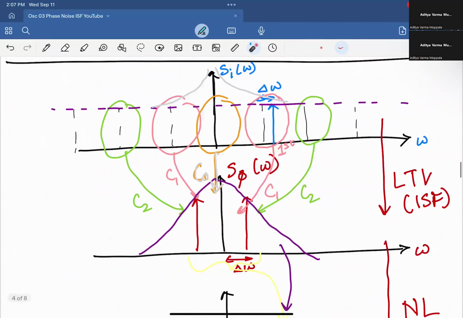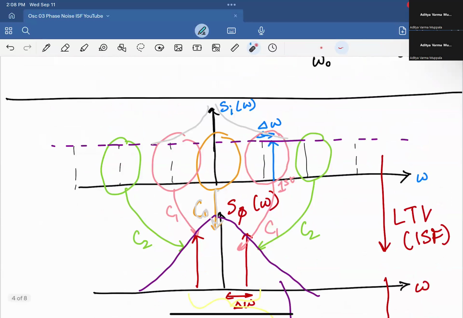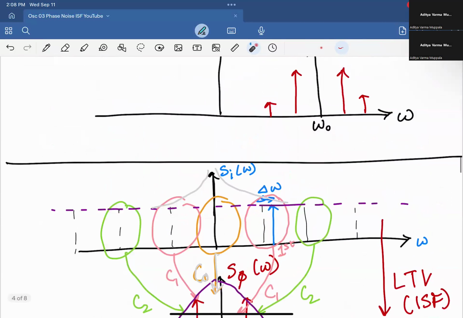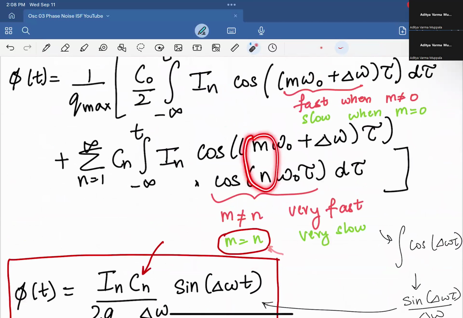And essentially from that single frequency model, we can expand to consider, let's say, thermal noise, which has all the frequencies. So all of these regions around the harmonics get modulated down by different coefficients in the ISF Fourier series. The reason those different coefficients show up for these different terms close to different harmonics is that in the calculation you can see that M and N must be equal, right?